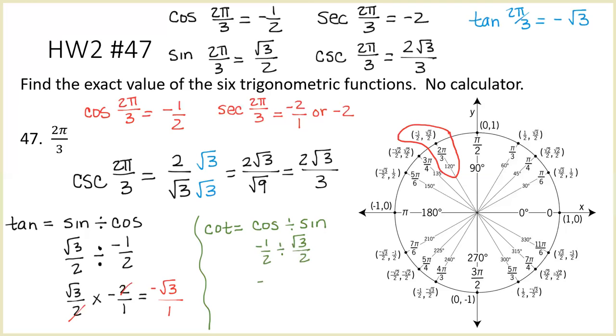So we do our keep, change, flip, which gives us -1/√3.